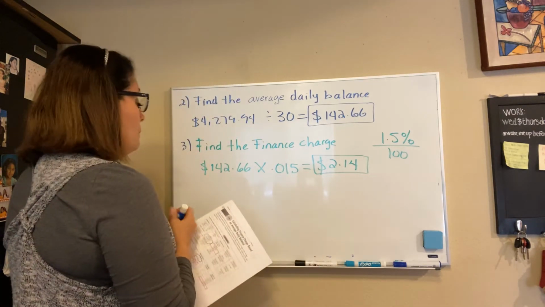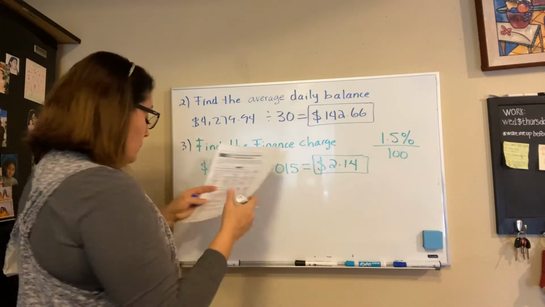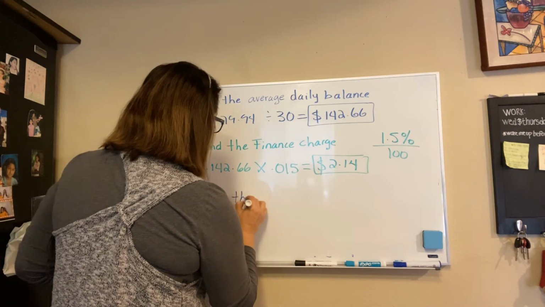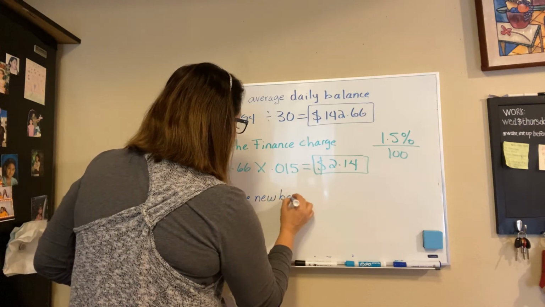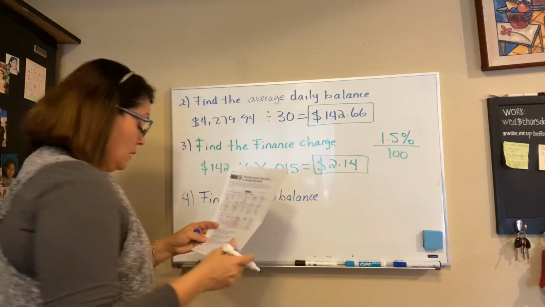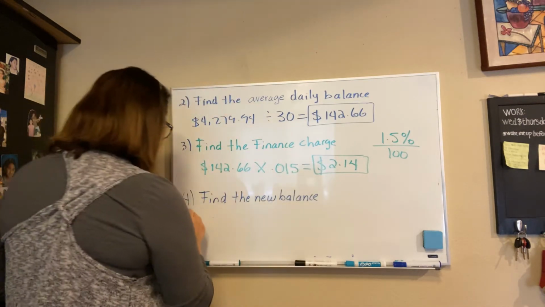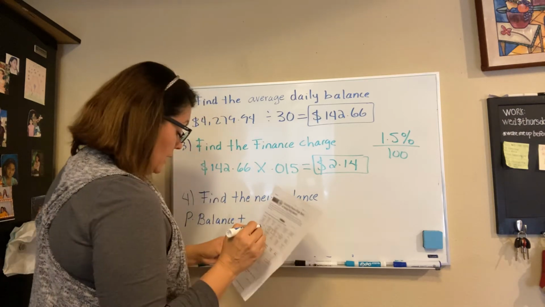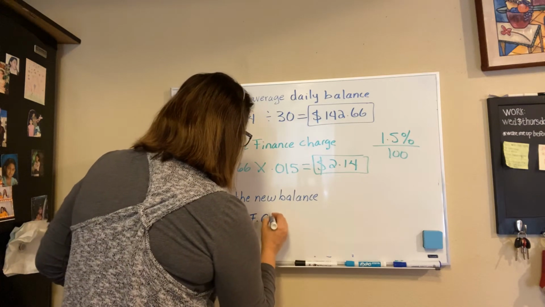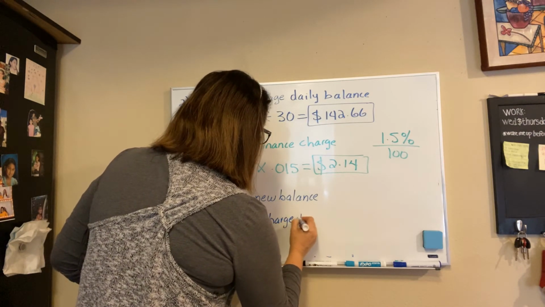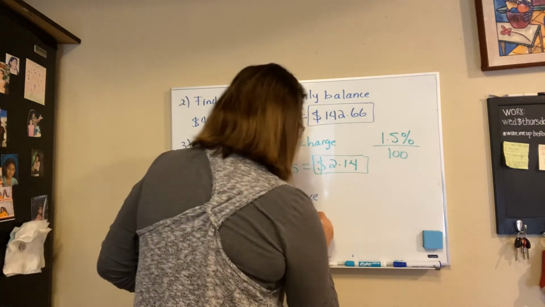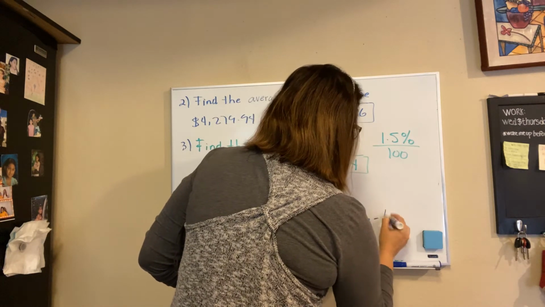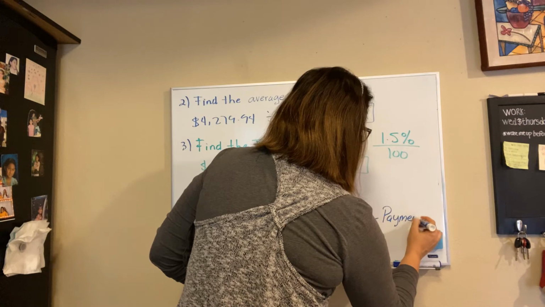Perfect. For number 4, what am I going to do? It is find the new balance. I'm going to find the new balance. And what is this one? It is the previous balance, plus, guys, the finance charge, plus the new purchase, and minus the payments.